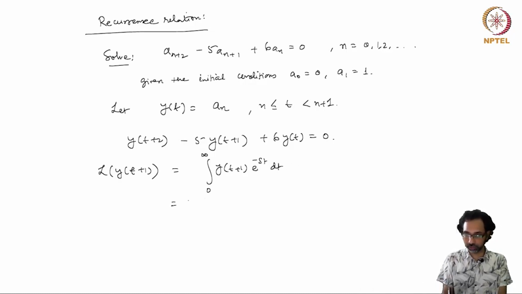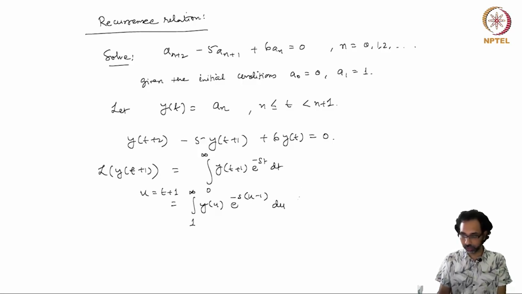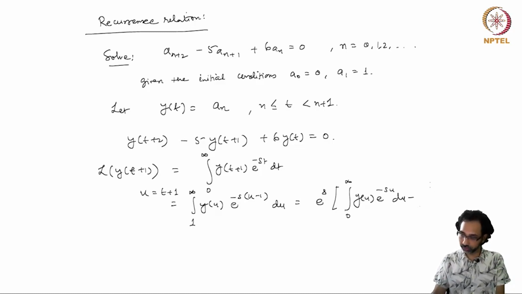So if we change the variable from t to u with u = t+1, this will give us the integral from 1 to infinity of y(u) e^(−s(u−1)) du, and this can be written as e^s times the integral from 0 to infinity of y(u) e^(−su) du minus the integral from 0 to 1 of y(u) e^(−su) du.